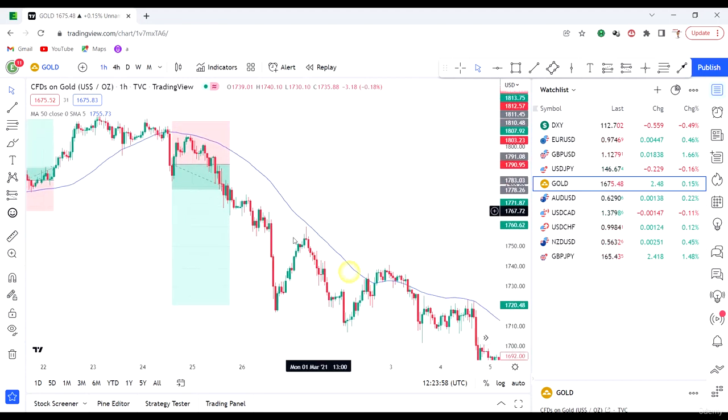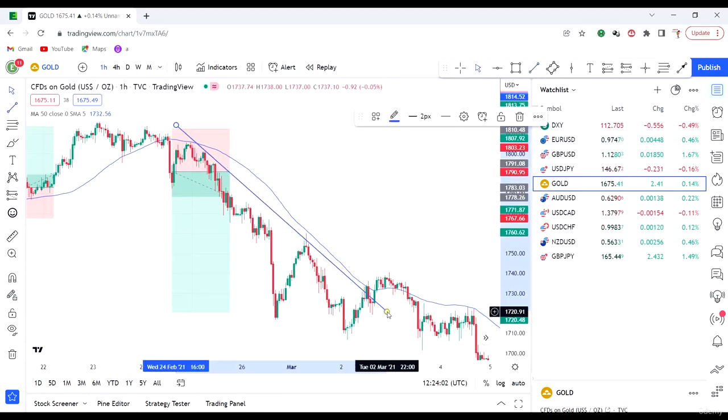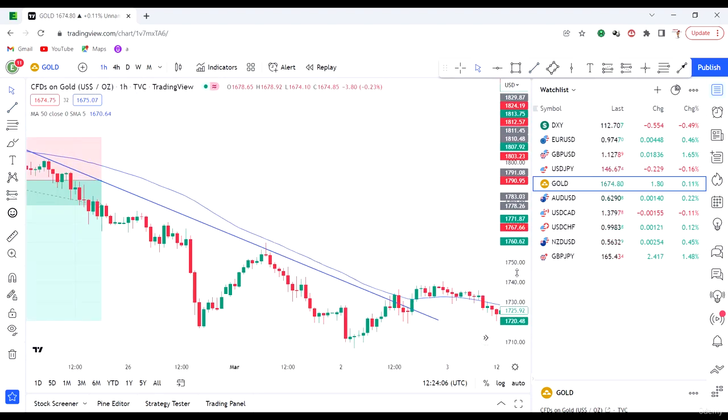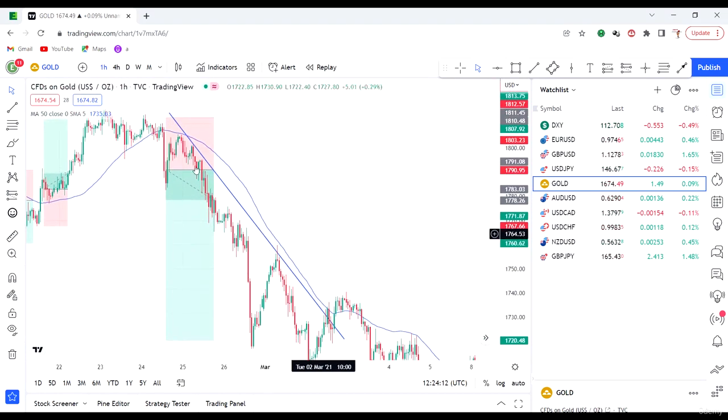So we can see that for this other one, we observe a trend. Then it came here, and you can see it gave us an evening star pattern, right? Remember, that's our rule.